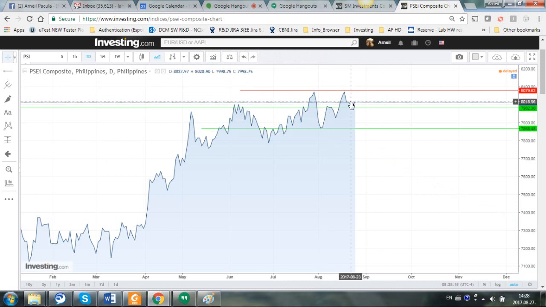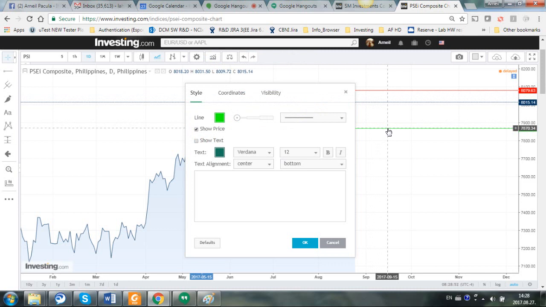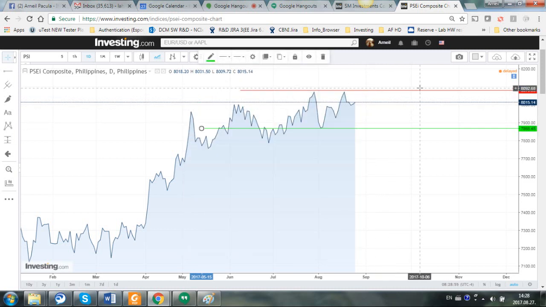So yan, yung sinasabi ko lang dito sa PSEI is that nagba-bouncing lang siya from this resistance line, which is 8,100, then back to 7,800. So yung ibig sabihin nito na as long as hindi pa na-break ang resistance na yan, the price will just move down to 7,800. And pag hindi pa rin na-break ito pababa, then babalik ulit yan sa resistance.